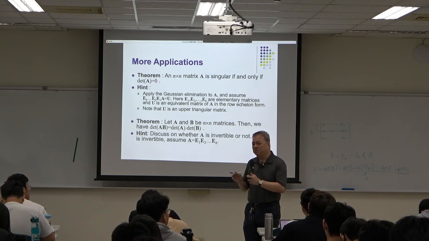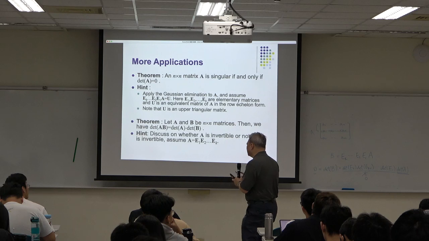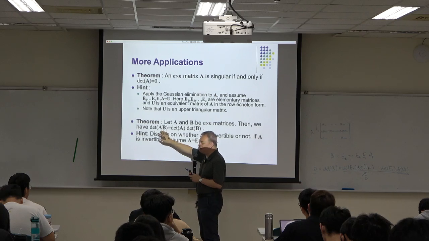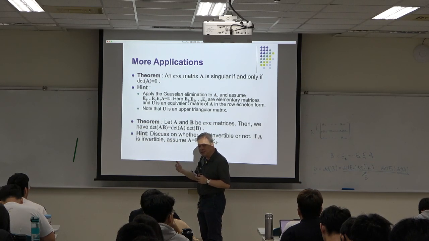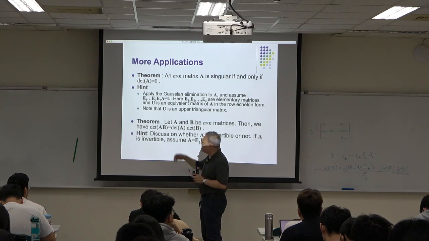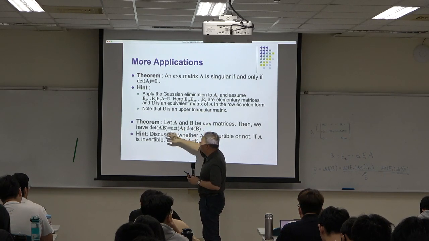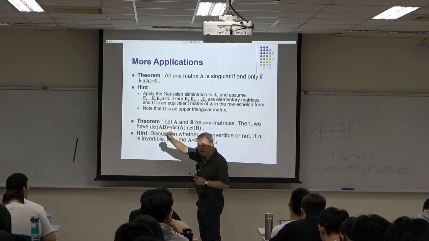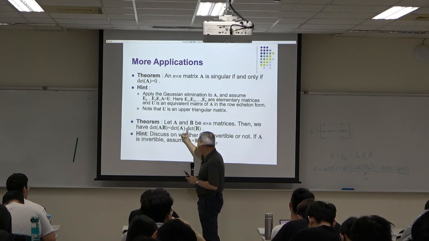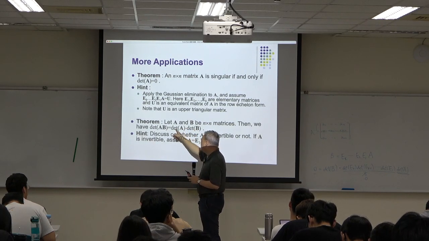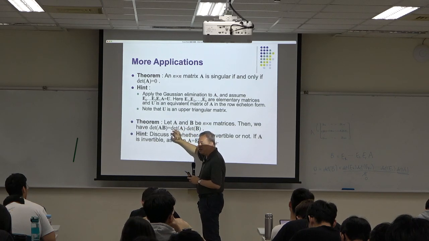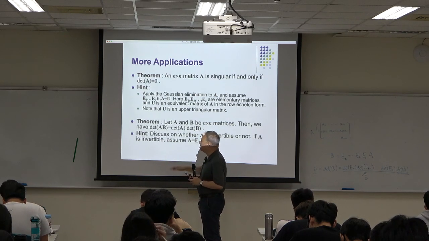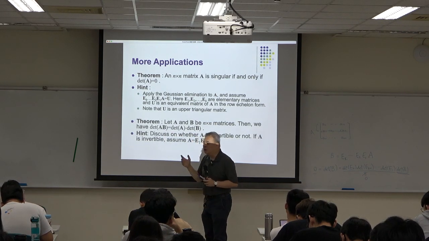In the previous discussion, we know if A or B is singular, the product AB will also be singular. We have proved that, and we know if AB is singular, the determinant of AB is 0, right? And if one of them is singular, at least one of the determinants will be 0, so the whole thing will be 0. So if either A or B is singular, then this equation holds, right?